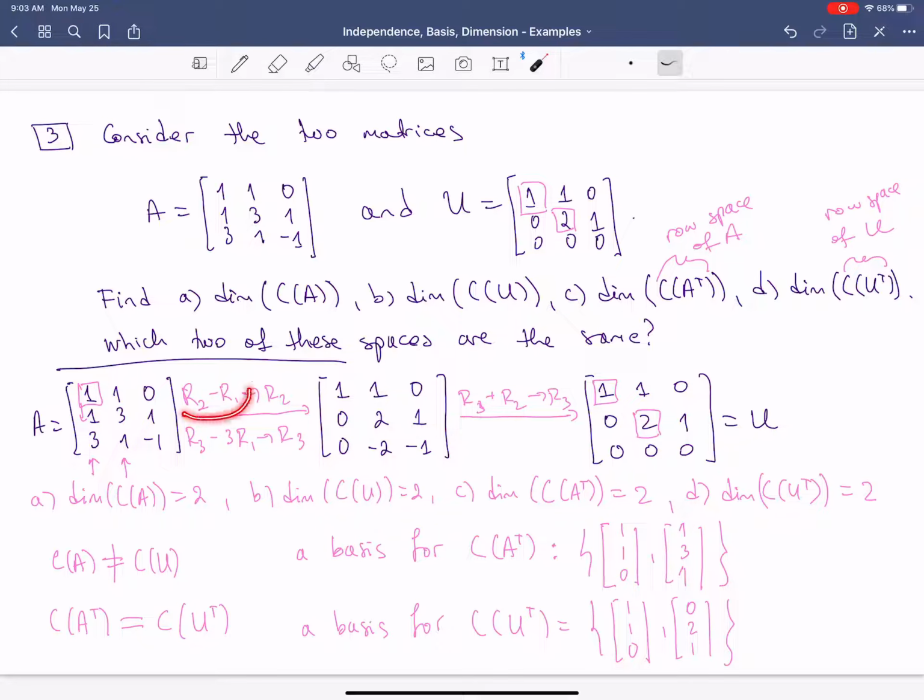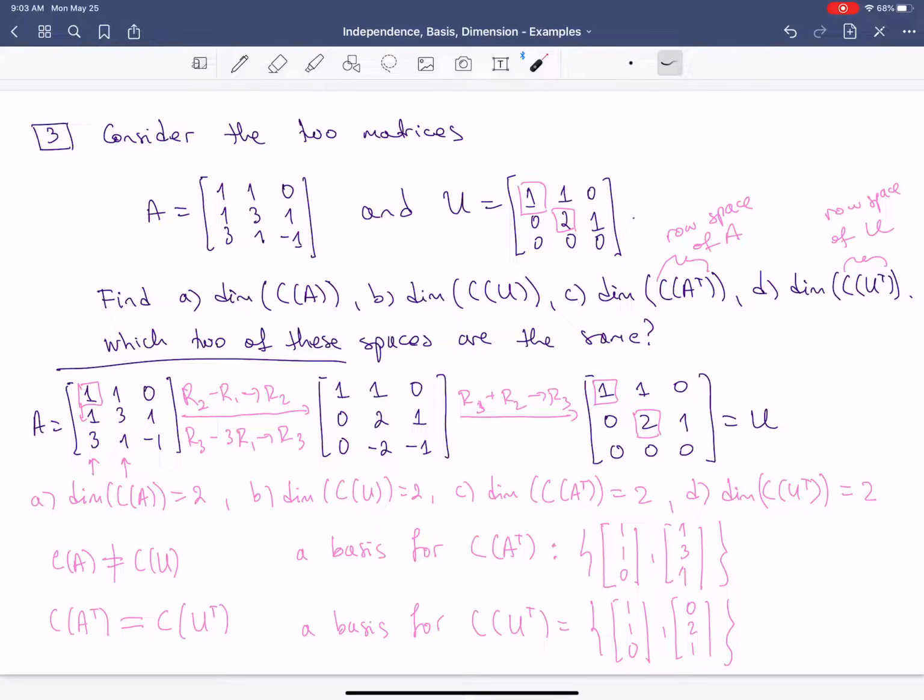We combined the first two rows of A. We took the second row minus the first, and we obtained 0, 2, 1. So definitely, the vector 0, 2, 1 is in the span of these two vectors, so it is in the row space of A.